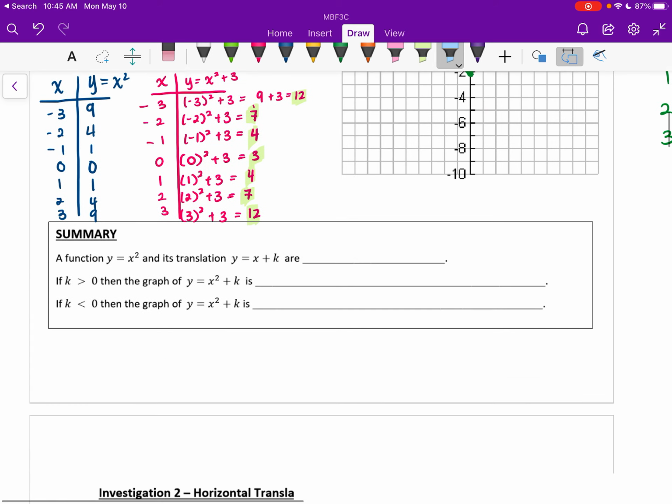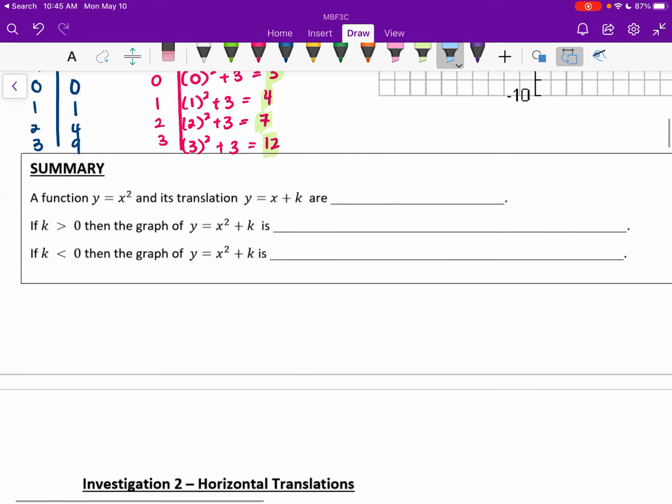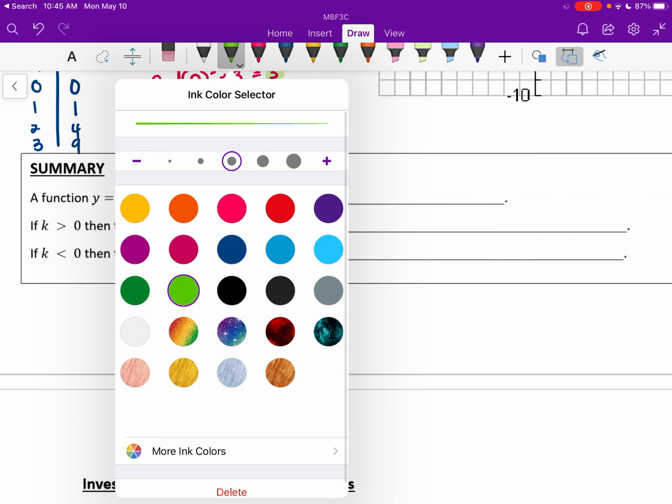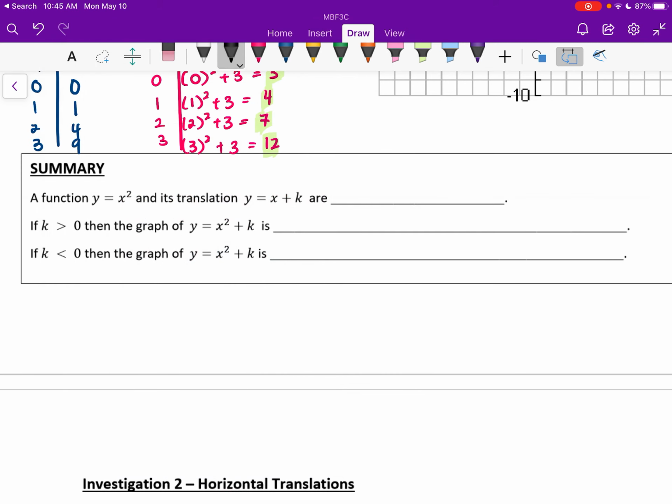So what we say about y equals x squared plus k, so this is x squared plus k, right? What we say about these two different functions is that they are vertical translations of each other, right?